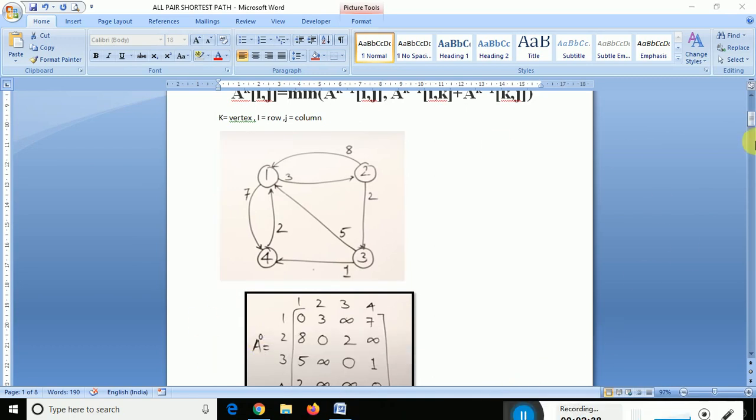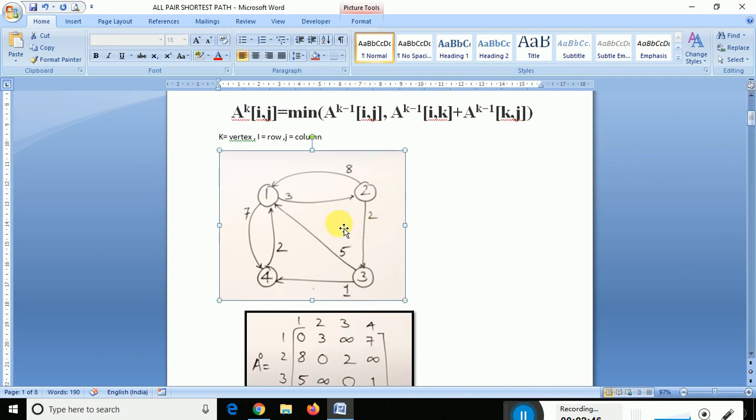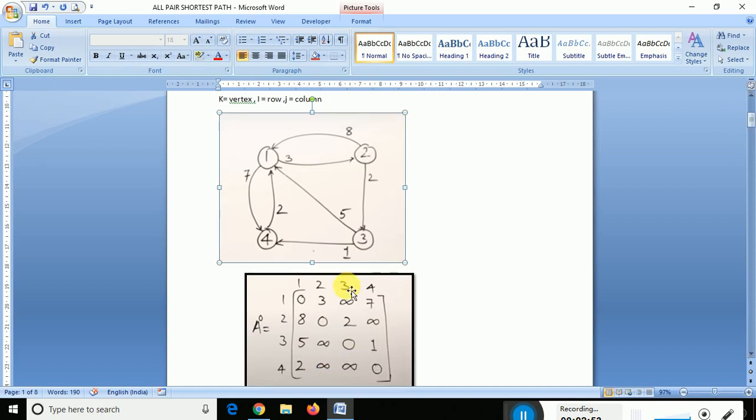Here the matrix is given. Actually, the question is given like this: find out the shortest path from each vertex using all pair shortest path. Then we have to form the matrices like this. A naught, that is A of 0, is 4 rows and 4 columns, because 4 vertices are there.